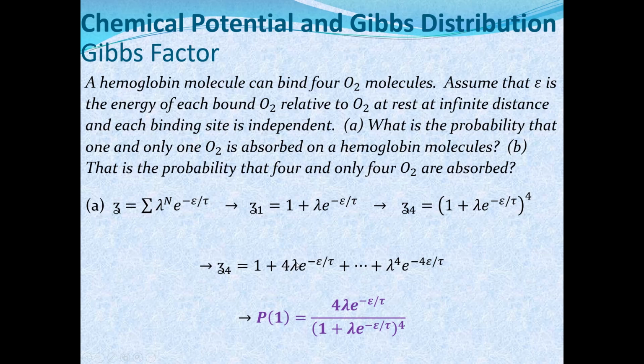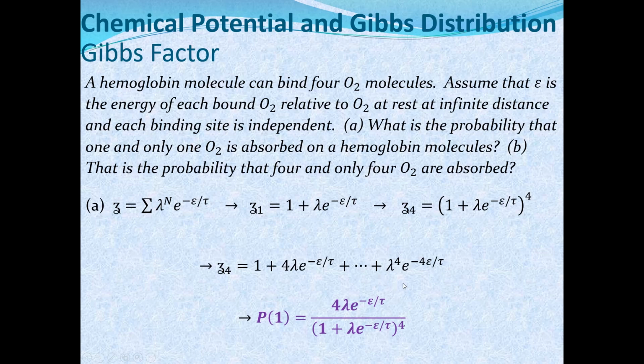Here, the value of n is 1, and the value of epsilon is just e, which is what we would expect for one bound molecule with a total energy of epsilon right here. But because there are 4 different sites, that would occur 4 times. But for this last one, this would be for 4 molecules. 4 molecules are being bound, and the total energy would be 4 times epsilon.